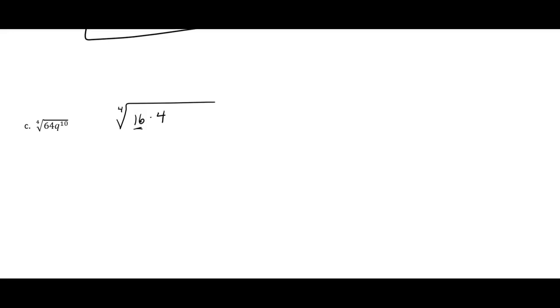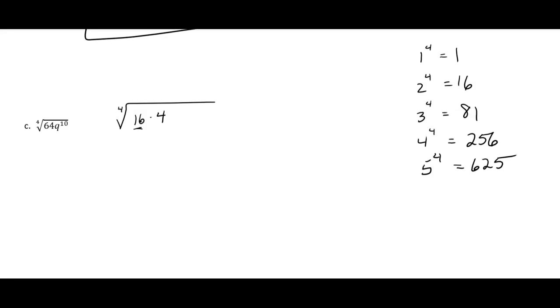So I don't know if I gave you perfect 4th powers, but 1 to the 4th is 1. 2 to the 4th is 16. 3 to the 4th is 81. 4 to the 4th is, I think, 256. And then 5 to the 4th is 625. And that's all I know. Then I have to use a calculator.